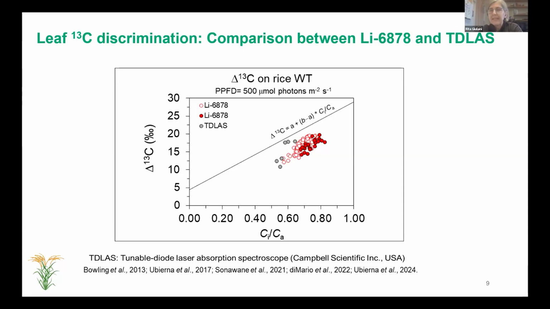In general, all the data follow the increasing trend of 13C discrimination versus Ci over Ca that is expected, as indicated also by the theoretical line.